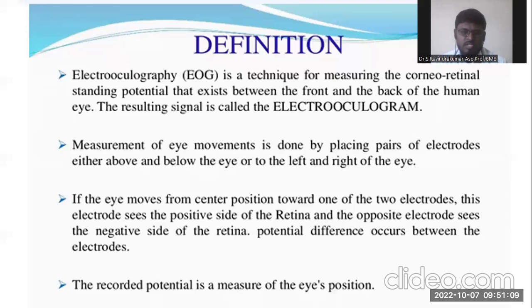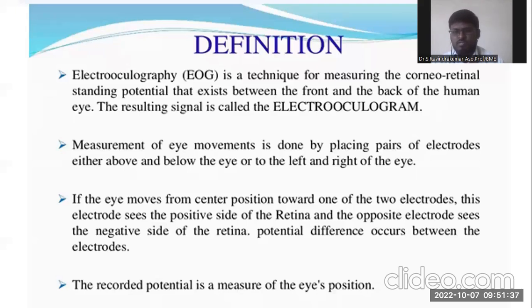the potentials generated by the movement of the eye represent the functions of the nerves, the retina and the cornea. It has the positive element of the retina and the negative element of the retina. That means I am talking about the potential. The difference of the potential is measured, and that becomes the potential difference, which we call the eye potential.